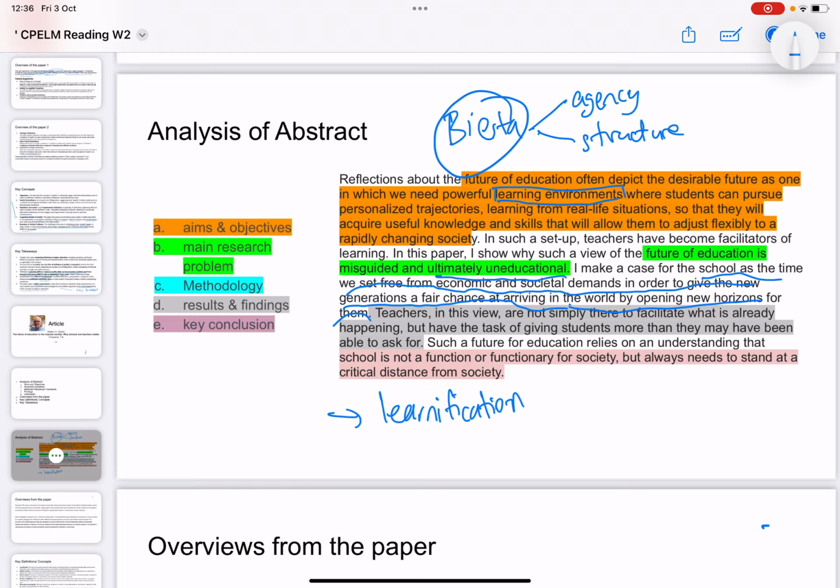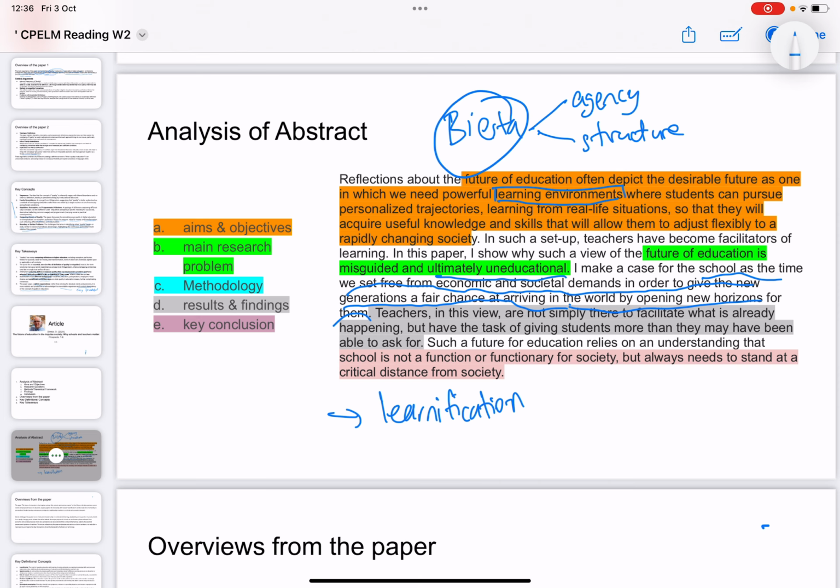So one of his findings is that teachers in this view are not simply there to facilitate what is already happening, but have the task of giving students more than they may have been able to ask for. Such a future for education relies on understanding that school is not a function or functionary for society, but always needs to stand at critical distance from society.